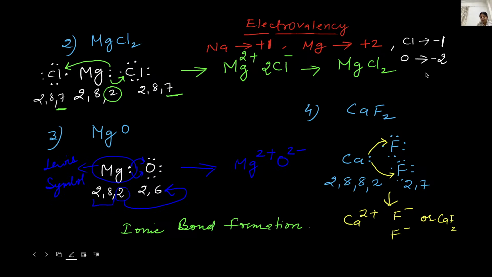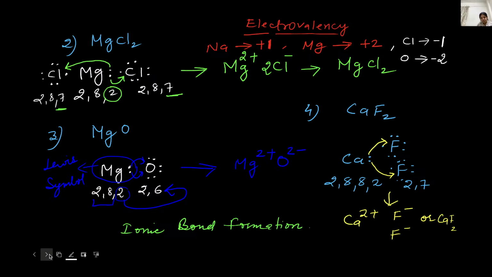So, the electrovalency of oxygen will be -2. So, this is how you can define the term electrovalency. Electrovalency is defined as the electrons lost or gained during the electrovalent bond formation.